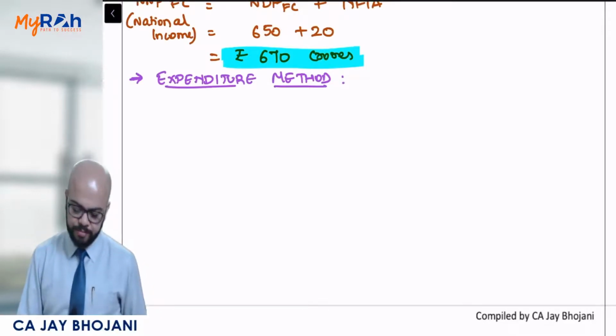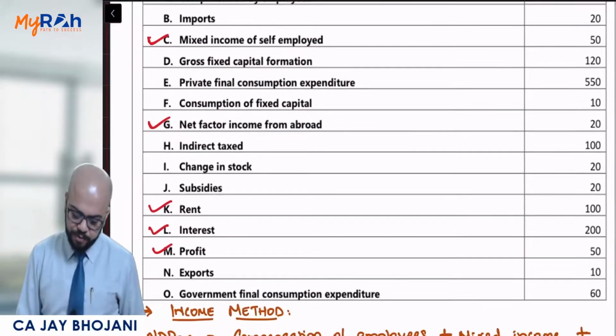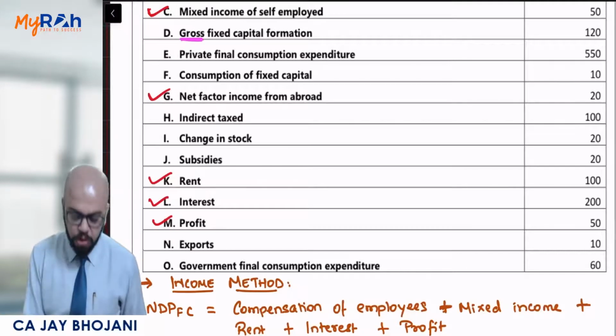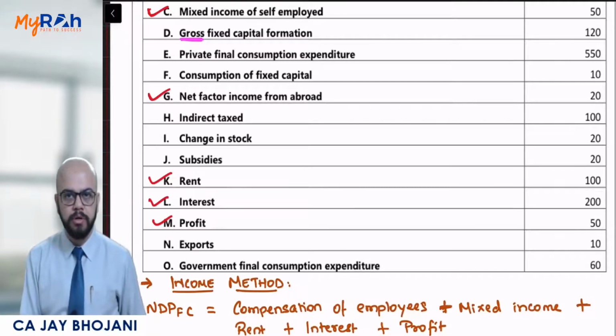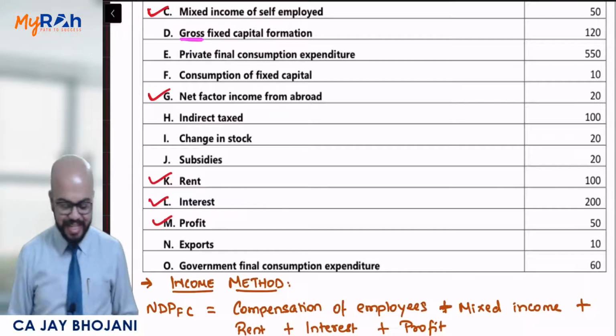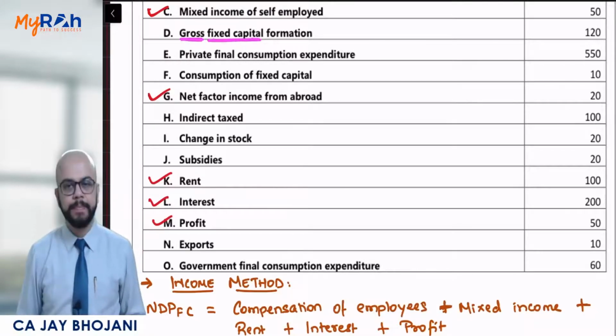Expenditure method. What all data do I have for expenditure method? One important thing you need to understand here is that you have been given gross, but it's not GDCF. It's gross fixed capital formation only.